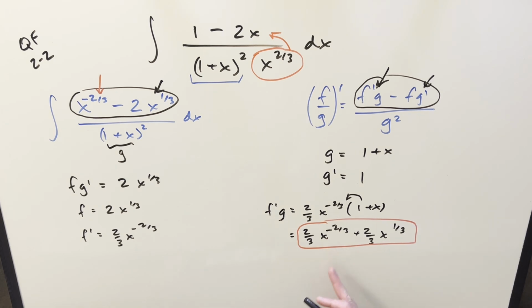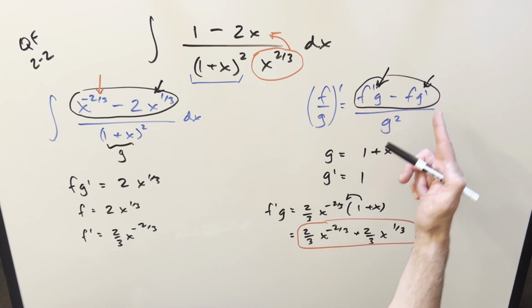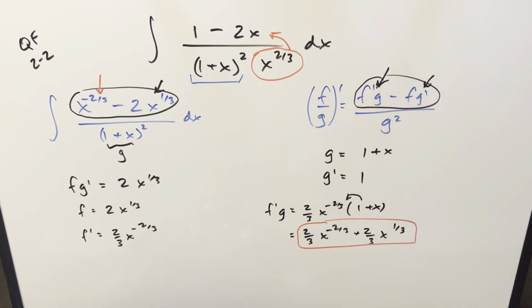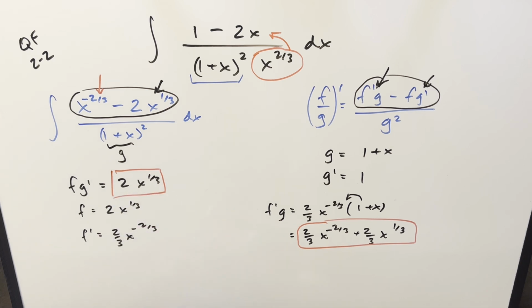At this point we could be kind of stuck, but let's see what happens if we put them all together. If we get the full numerator, f prime g minus f g prime, we have the values we need, so we can just subtract and see what's going on.